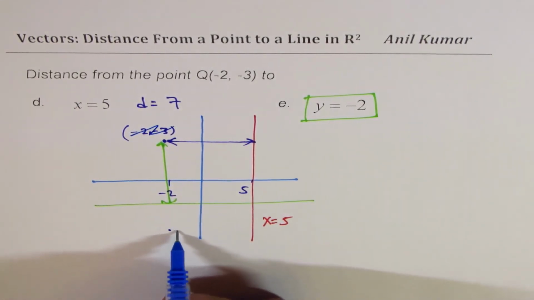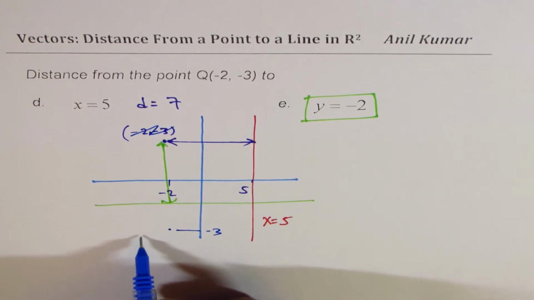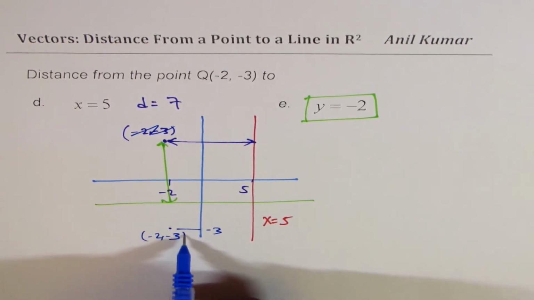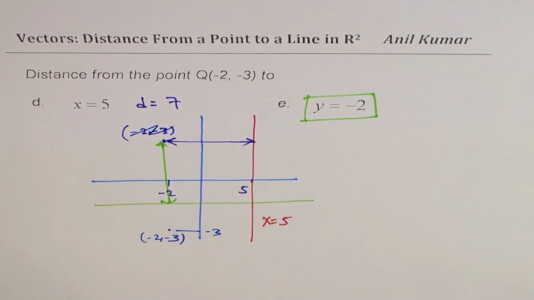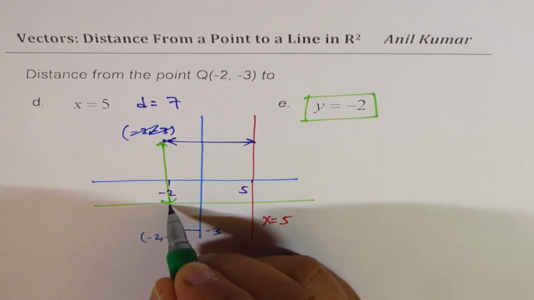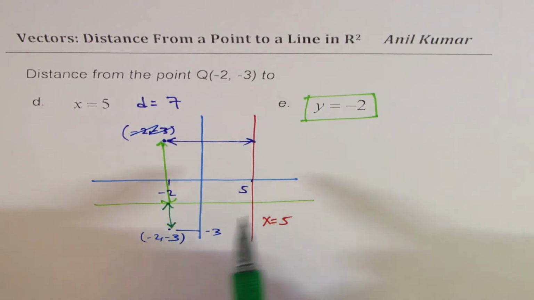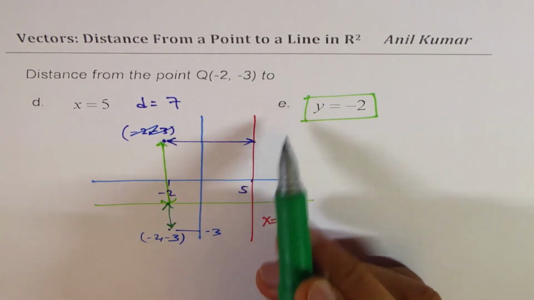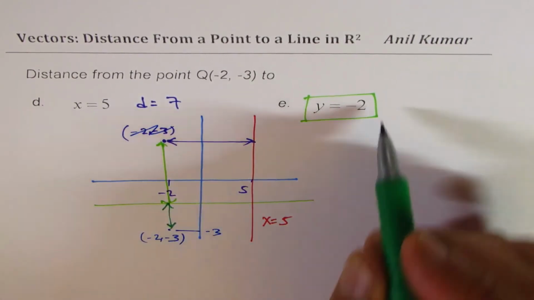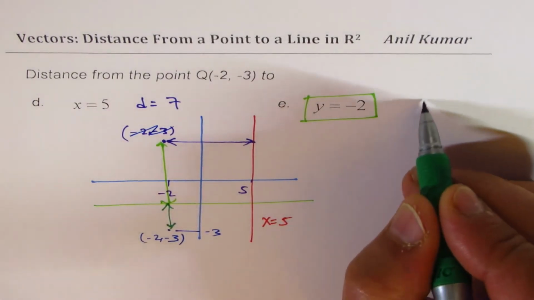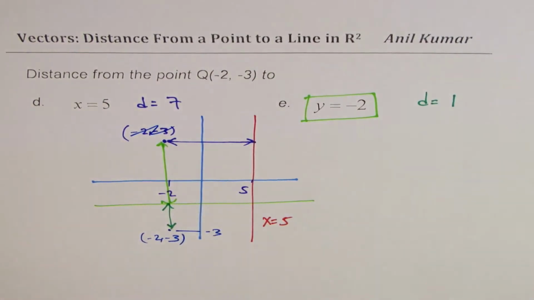So that is -3. In that case, the distance from the line is this distance, correct? So we have -2 and -3, which gives you a distance of 1, right? So here the distance is equal to 1.